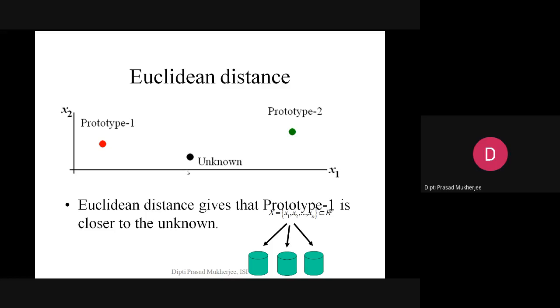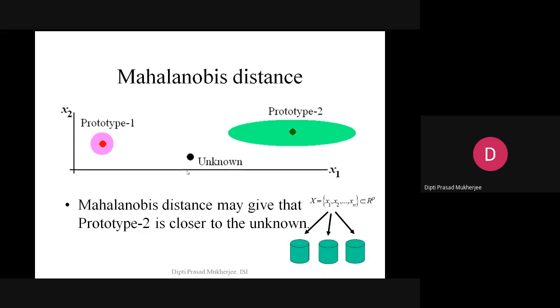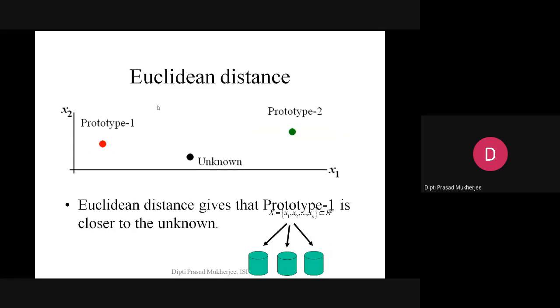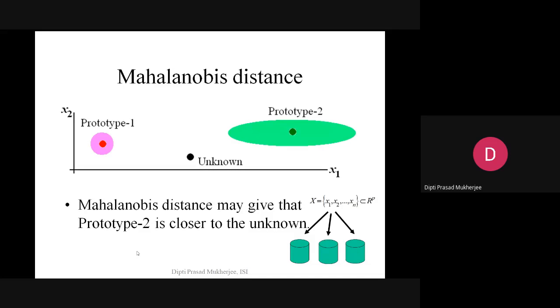Yes, sir. But the problem comes if you actually look at the training samples, the stored samples. Can you see the representations of prototype 1 and prototype 2 now? Can you look at this example and this example? What is the difference?